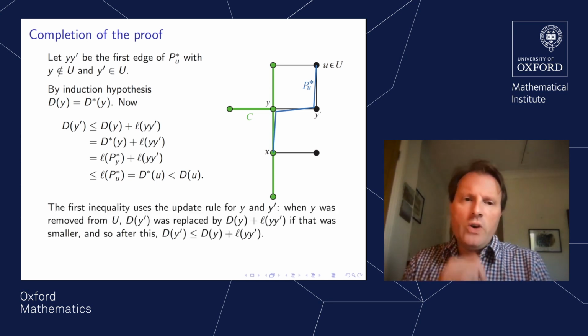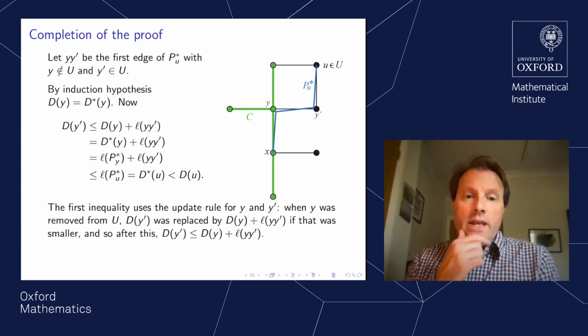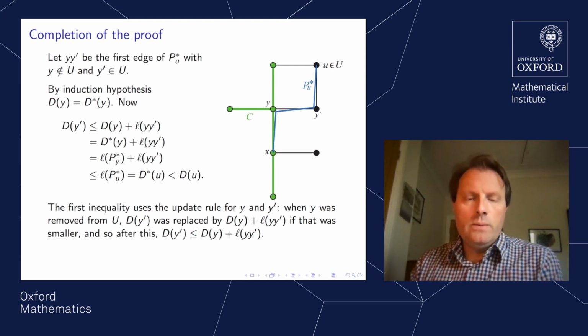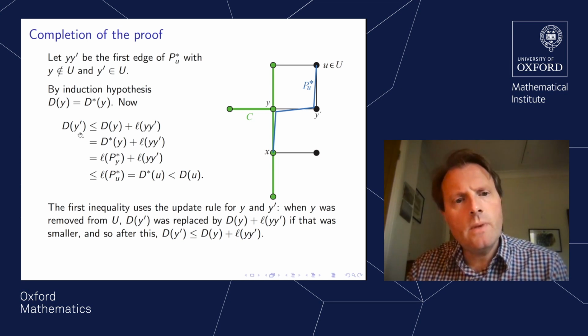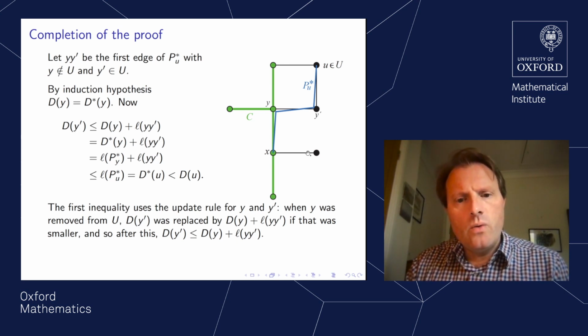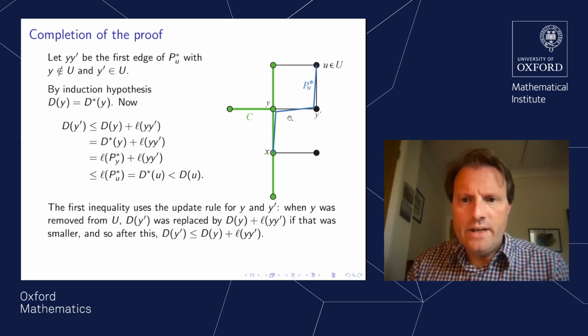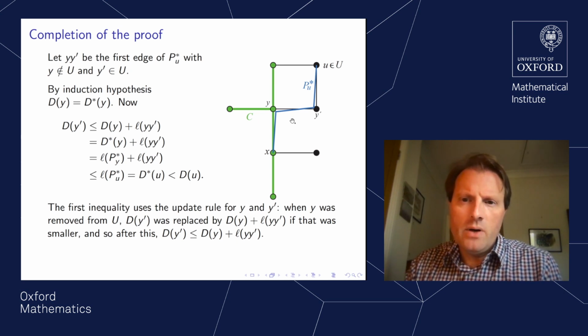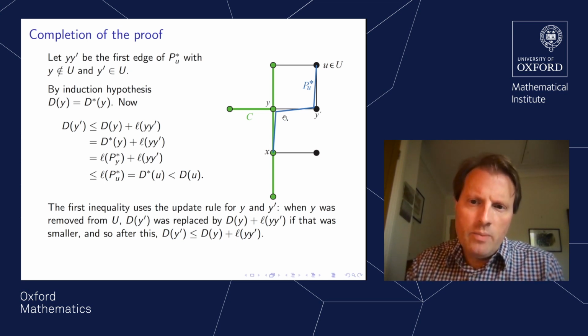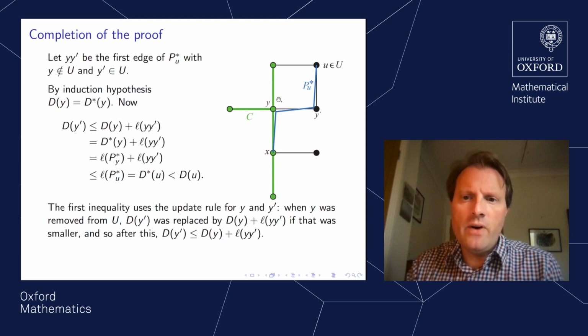Okay, so the first inequality is because of the update rule. So what it does is, each time we put a vertex into C, we finalize it.